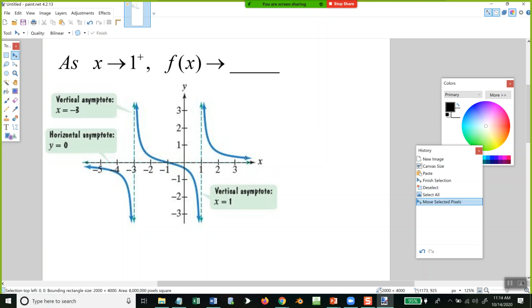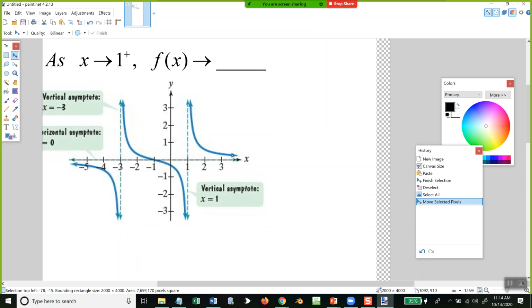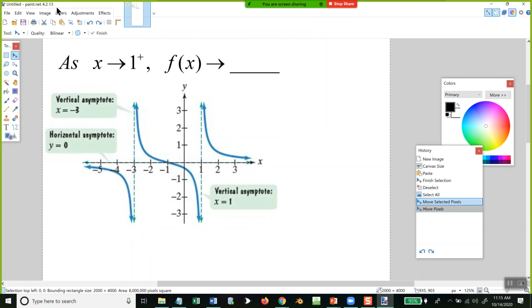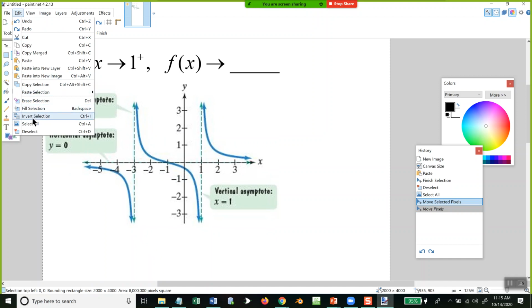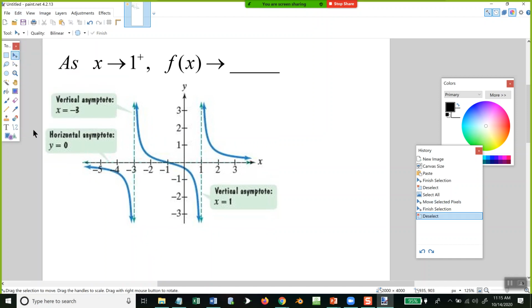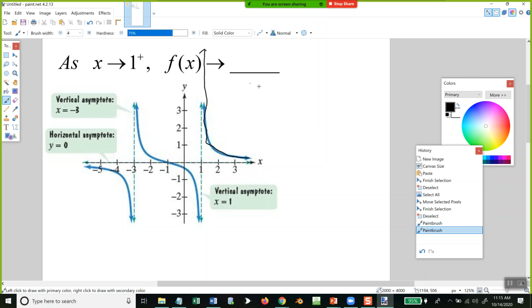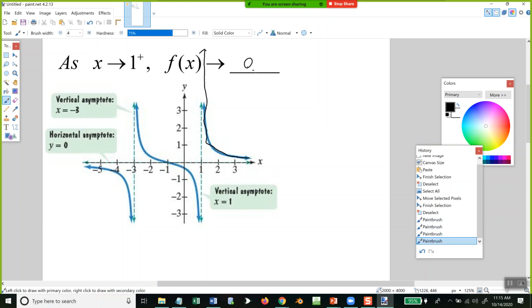And again, I'm tracing my graph, coming from the right-hand side, getting closer and closer to x equals 1. As it gets closer and closer to that, tracing the graph, I see that it goes up forever again. So that's another positive infinity.